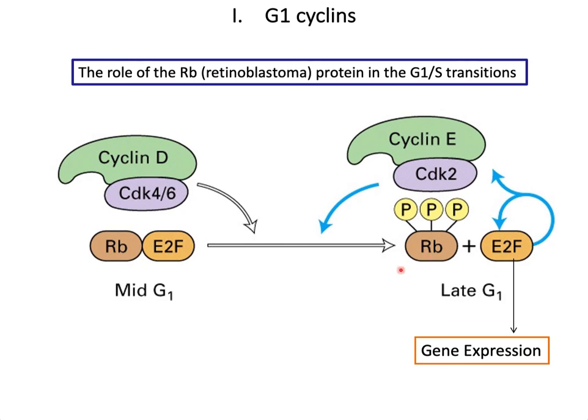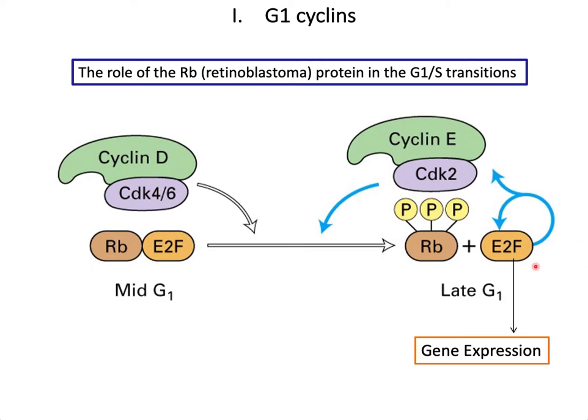This creates a conformational change in the RB such that it releases the E2F transcription factor, and E2F can bind to the upstream region of genes and initiate expression of a wide variety of genes. One of the genes that it increases the expression of is itself. So it binds to the upstream region of its own gene and turns itself on, so you can get even more E2F.